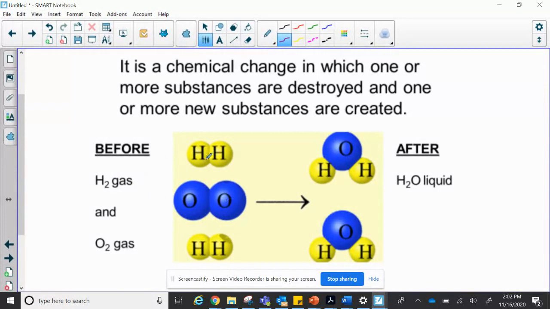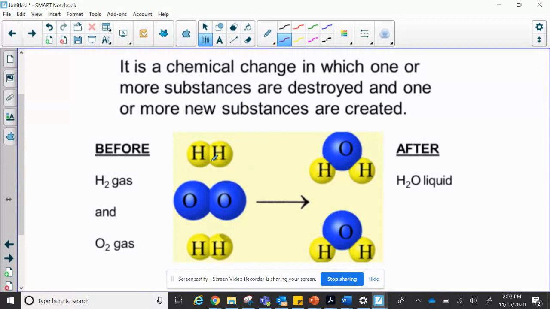What happens is these go through a chemical change. Something happens like heat is introduced or electricity, different ways for this to happen. And what you get out, our products, are H2O liquid. So we started with hydrogen gas and oxygen gas, and together they ended up making liquid water.